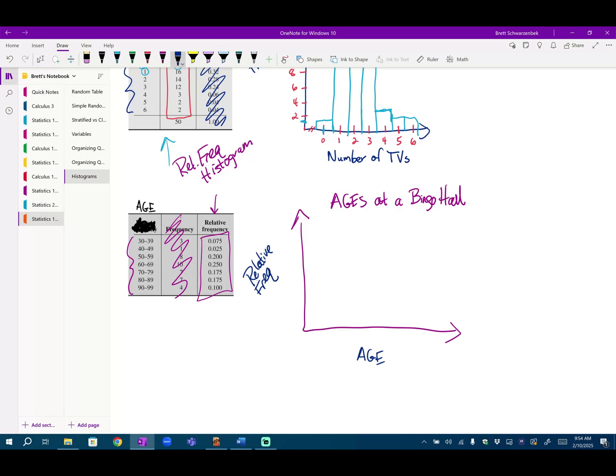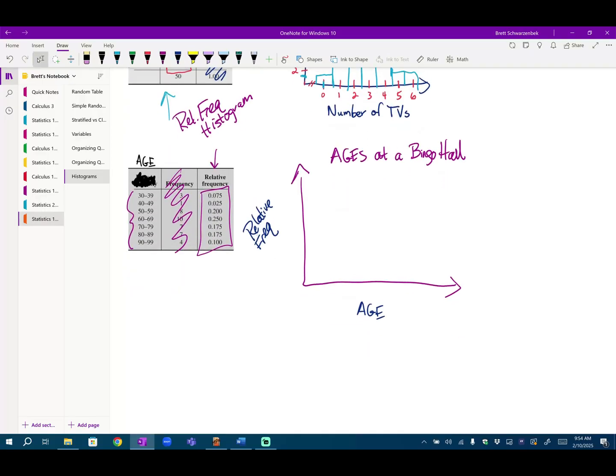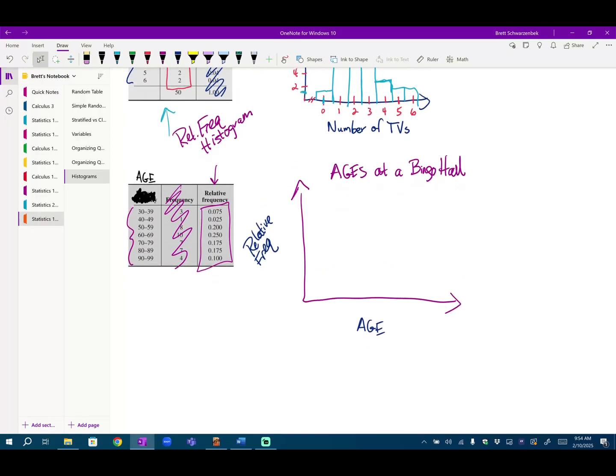Now, there's two ways to do that. So we could, for example, just span it out like we normally would. So this is normally 0. So this would be 10, this would be 20, 30, 40, 50, and we have to go to 100.